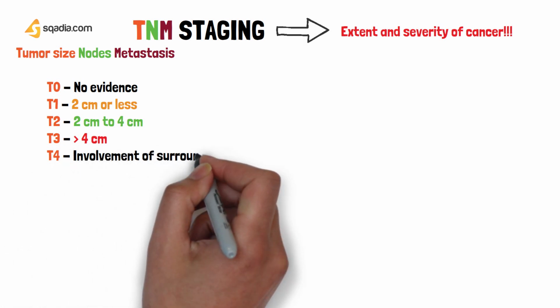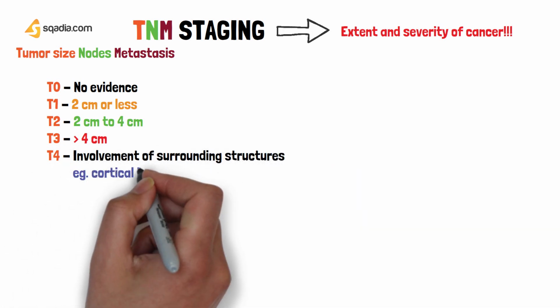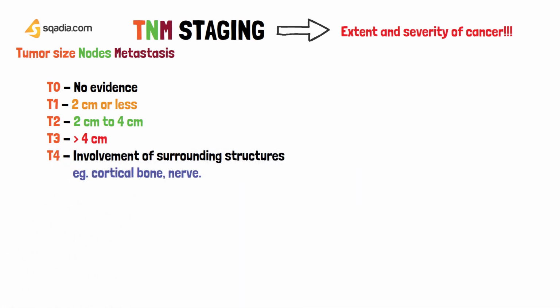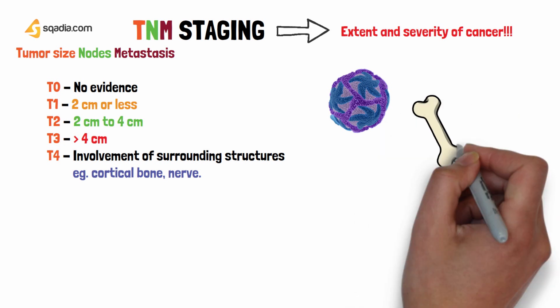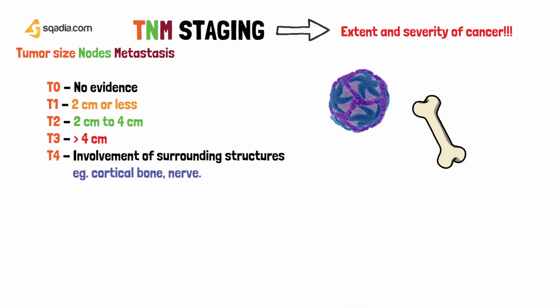T0 means that there is no evidence or presence of a tumor. T1 shows that the tumor size is 2 centimeters or less. T2 is 2 to 4 centimeters. T3 is more than 4 centimeters, whereas T4 is more than 4 centimeters, plus it's going to involve some of the surrounding structures, like the bone and the nerve.